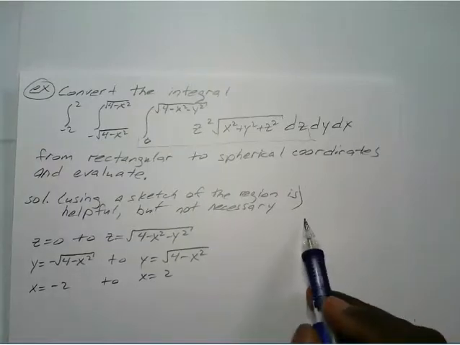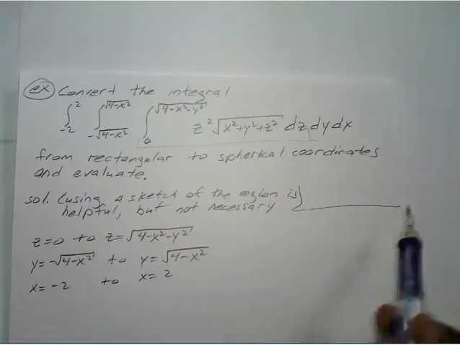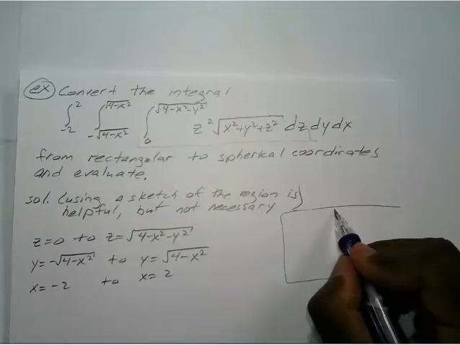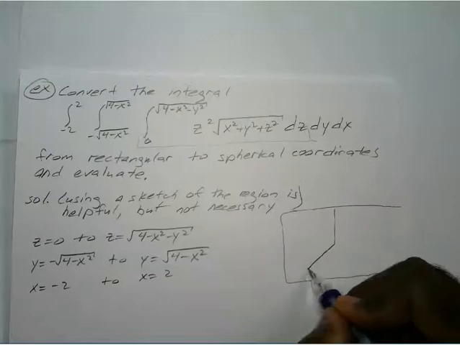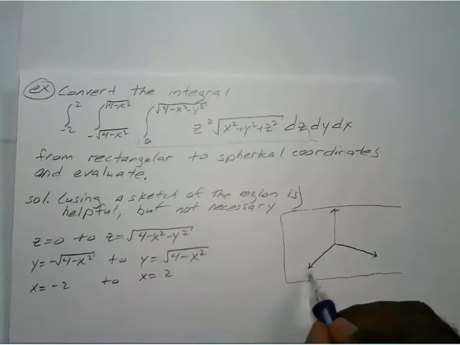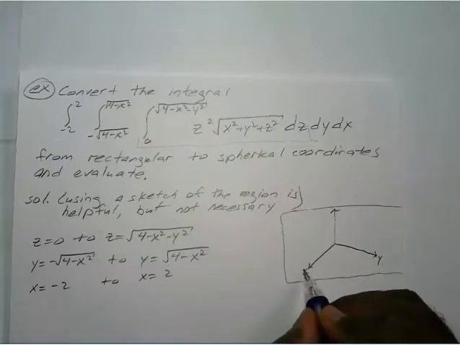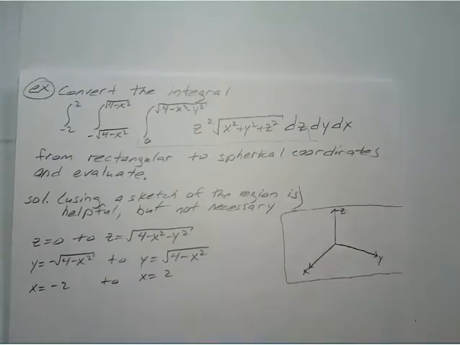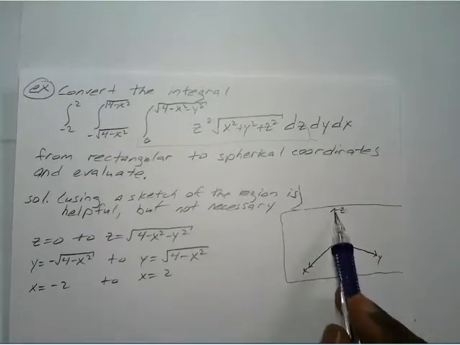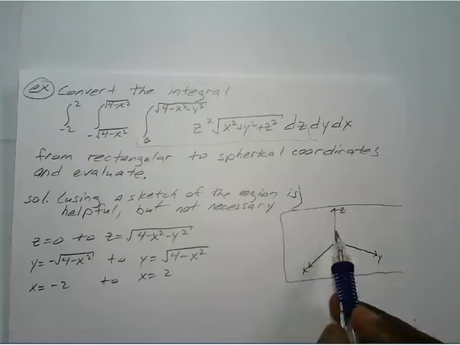Now, just to give you an idea of what this graph looks like, you draw your x, your y, and your z, it kind of looks like an upside down bowl, where the center of that bowl is going through the z-axis.